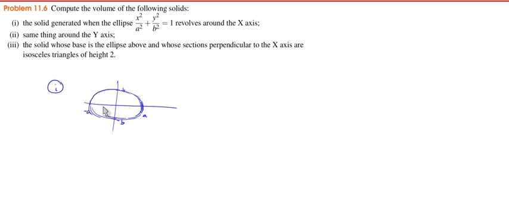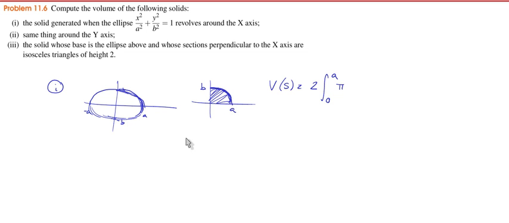Now it's clear from the symmetry that we need to just consider the rotation of this part of the ellipse, in the first quadrant, and you get half the volume. So the volume is going to be twice this volume, which is the integral between 0 and a of pi times f squared.